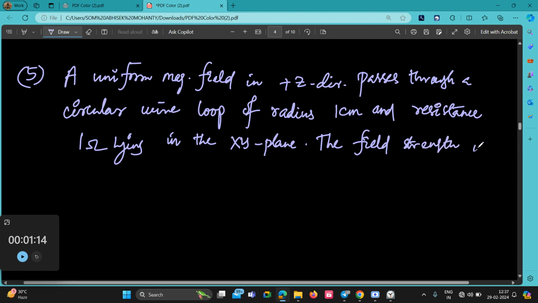The field strength is reduced from 10 tesla to 9 tesla in 1 second.